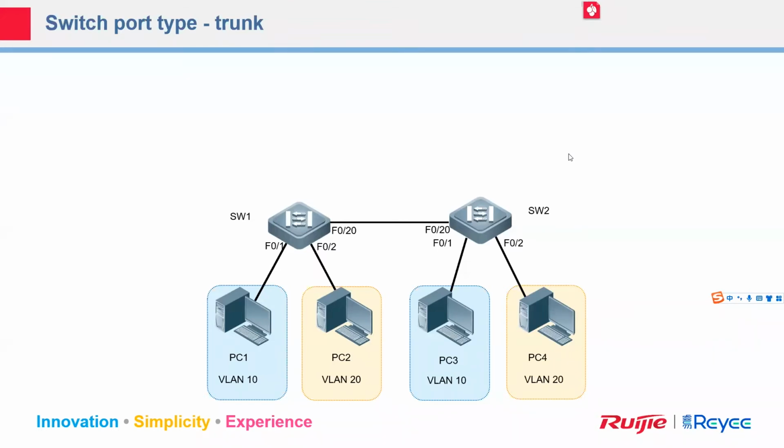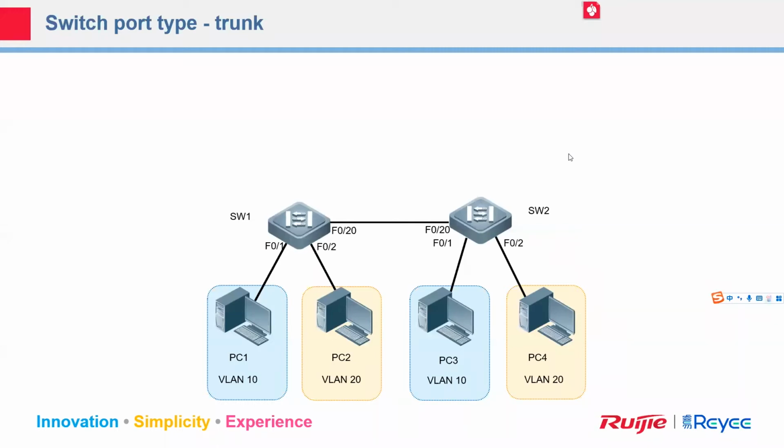Actually, the answer should be no, right? With different VLANs, no. With the same VLAN, can they communicate with each other or not, if we only have access interfaces? Yes? Okay, I see. So many answers are yes, right?